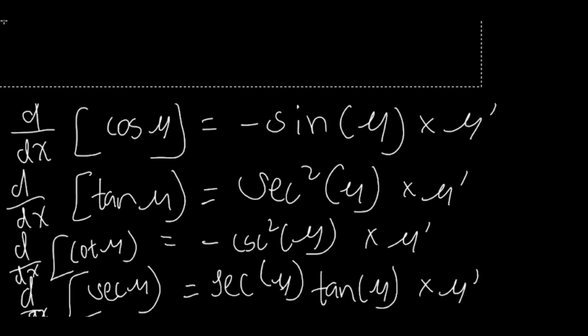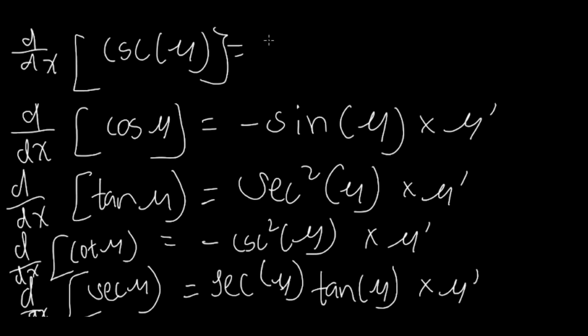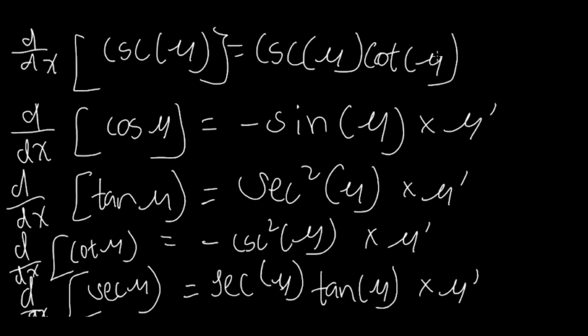I should have considered writing in a way smaller handwriting. Alright, so the derivative of the last one, cosecant of u, is equivalent to cosecant of u times cotangent of u times u prime.